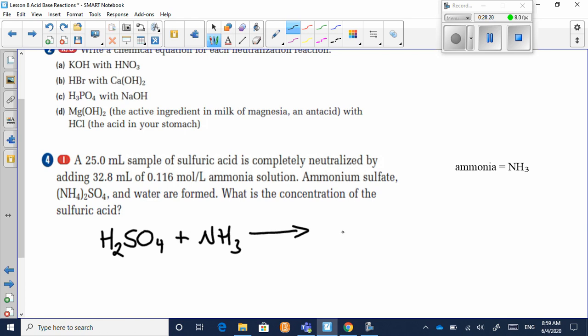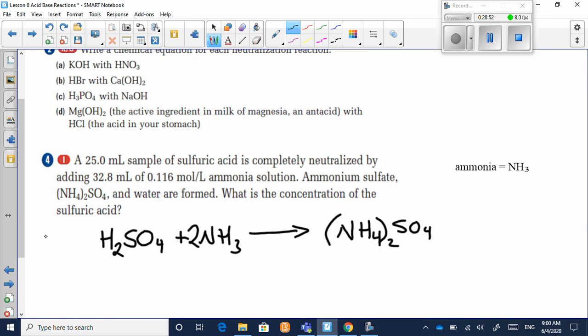It's going to make (NH4)2SO4. Because a sulfate is -2, you're going to need to put a 2 here. And then as a result of that 2, you're going to need a 2 here to balance it. Okay, so just be aware that that's the balanced chemical equation.